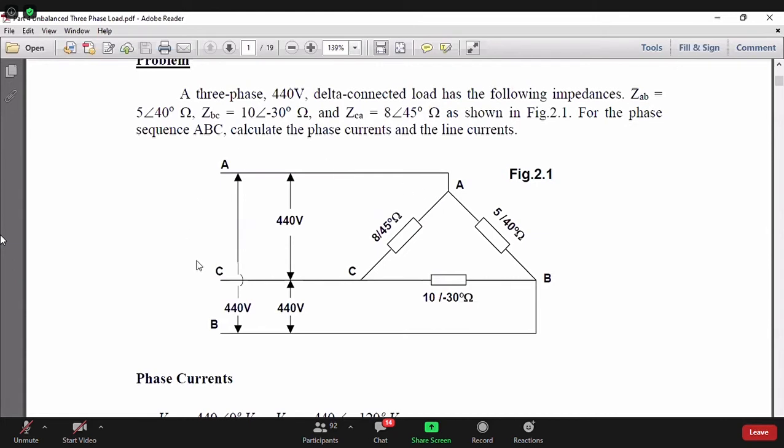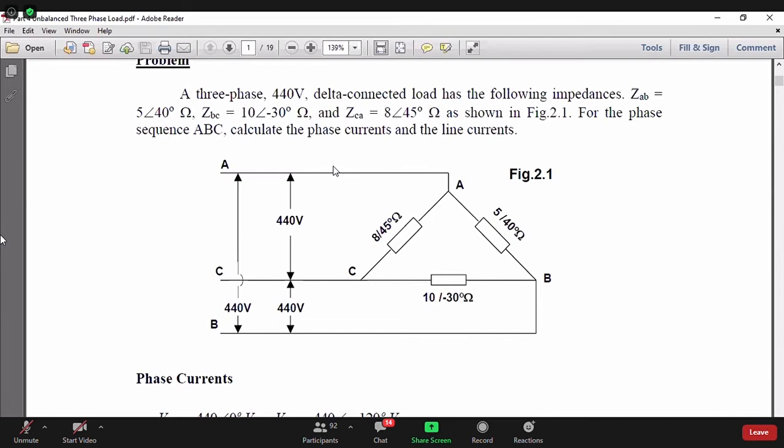Then what is the line current? Very simple, right? Look at the terminal A. By the way, these currents are in the cyclic order. That means AB is from A to B, then BC is from B to C, CA is from C to A. Looking at the terminal node A, apply Kirchhoff's current law. Then what is the current IA?